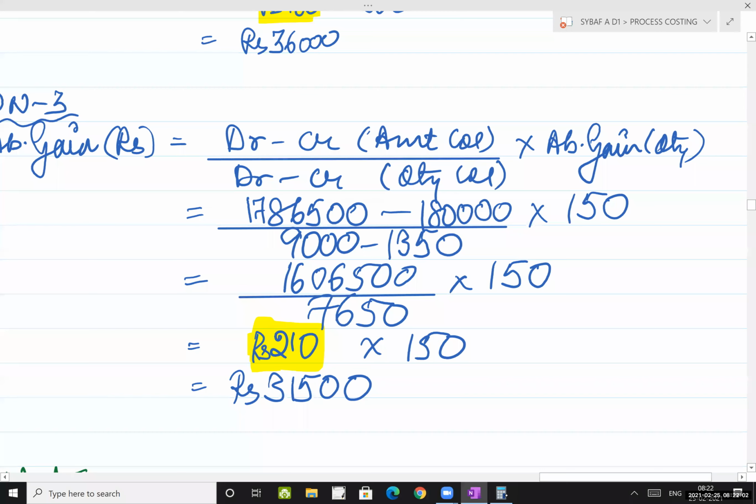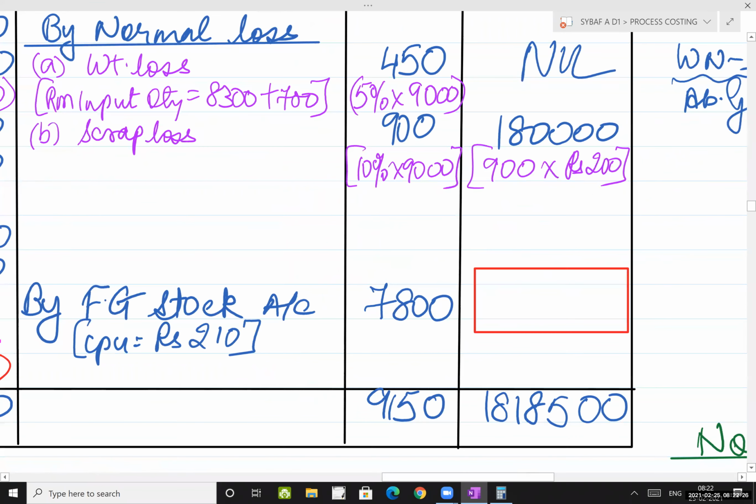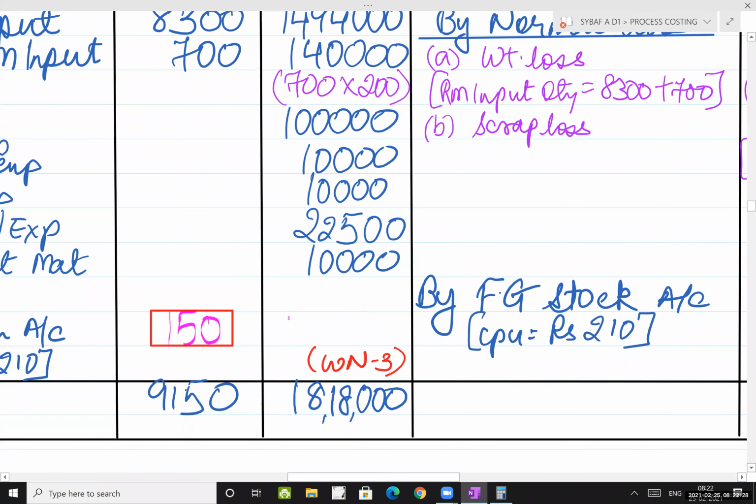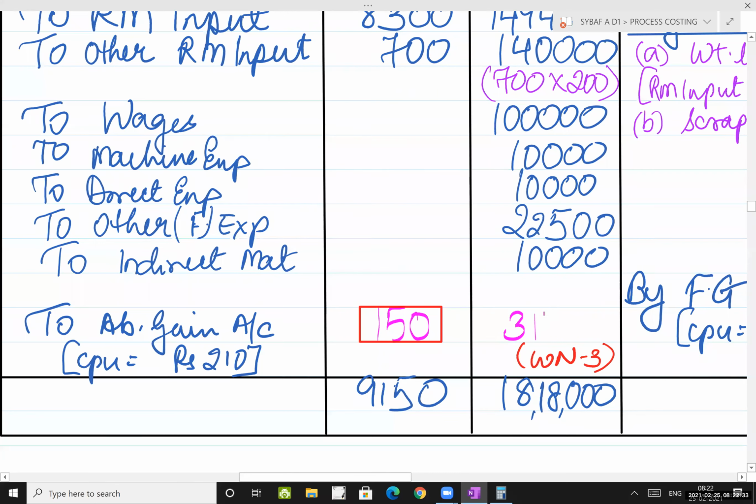So the answer is 31,500. ठीक है, abnormal gain समझ में आ गया? Are you clear with the calculation of abnormal gain? I hope you all are noting it down. Okay, fine. So 31,500. So right here 31,500.